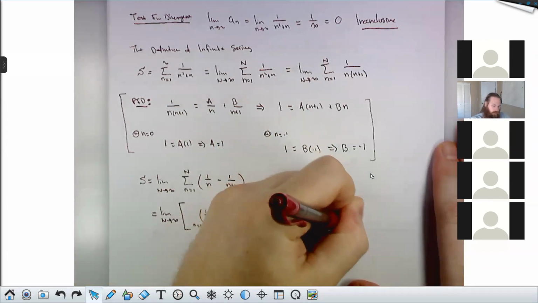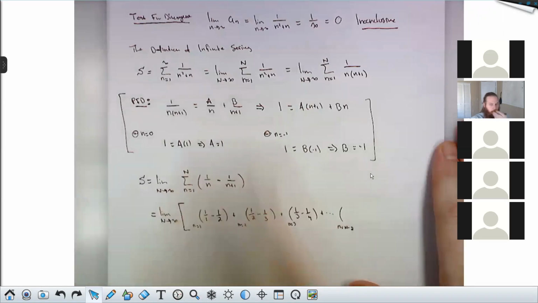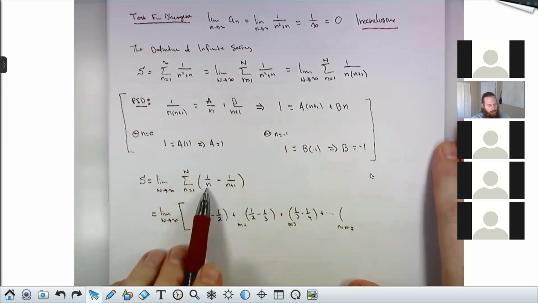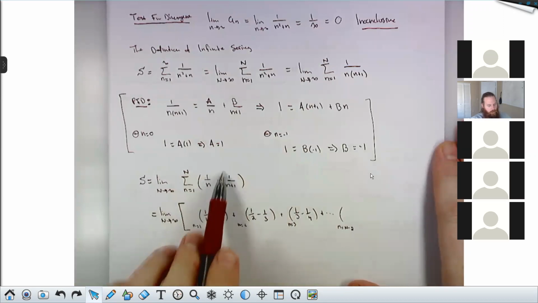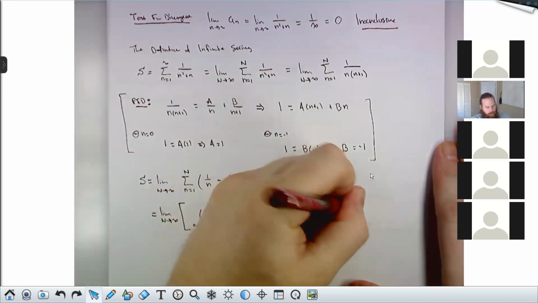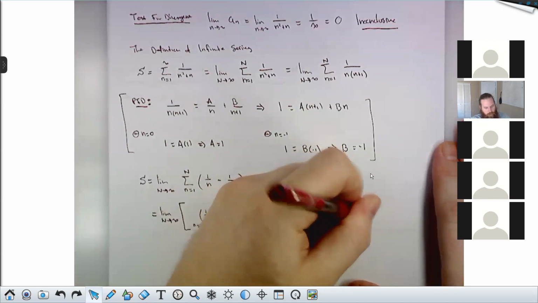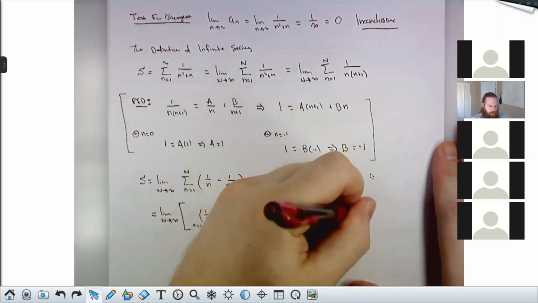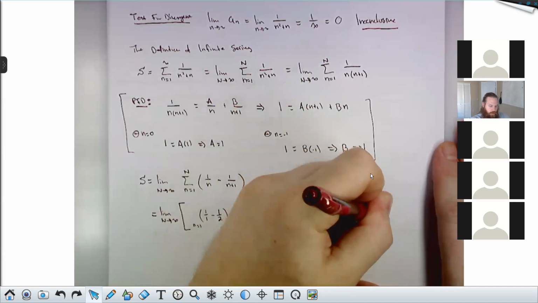When little n is equal to capital N minus 2, the second to last term, I have 1 over capital N minus 2 minus 1 over capital N minus 1.